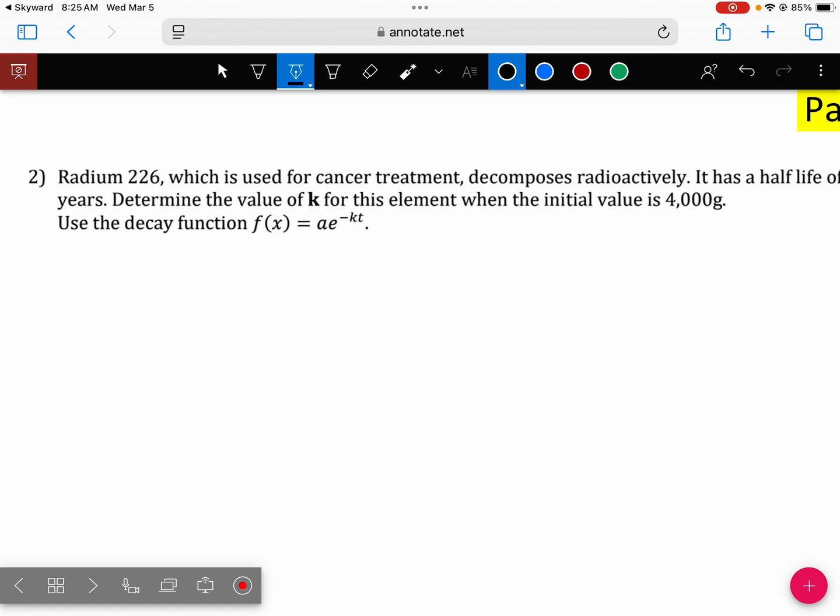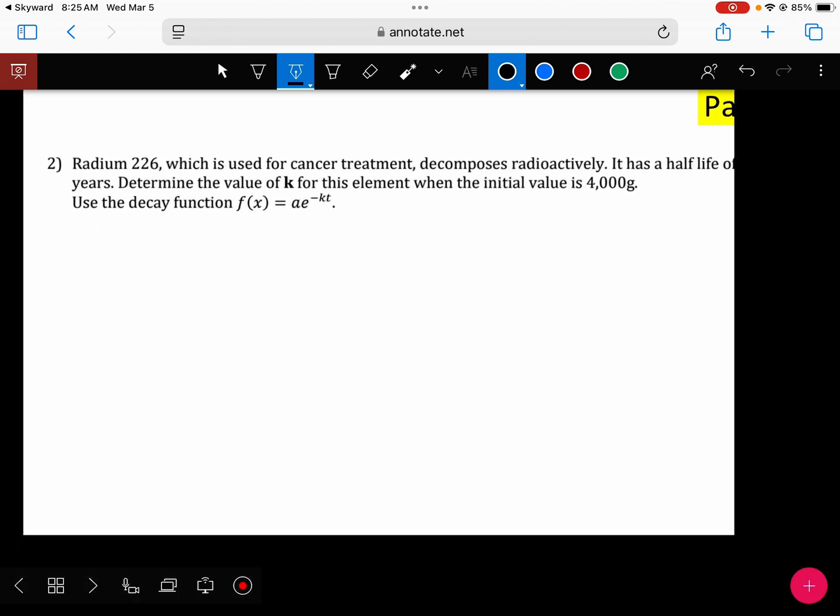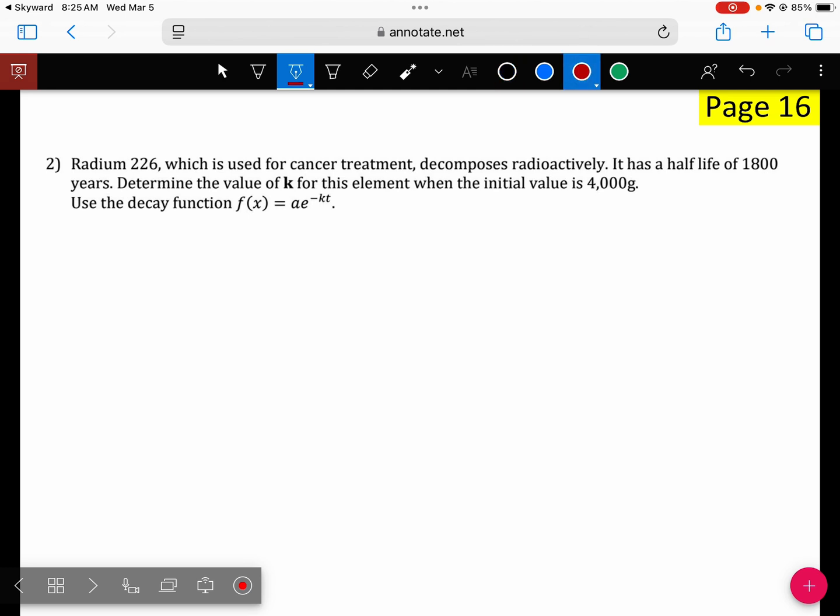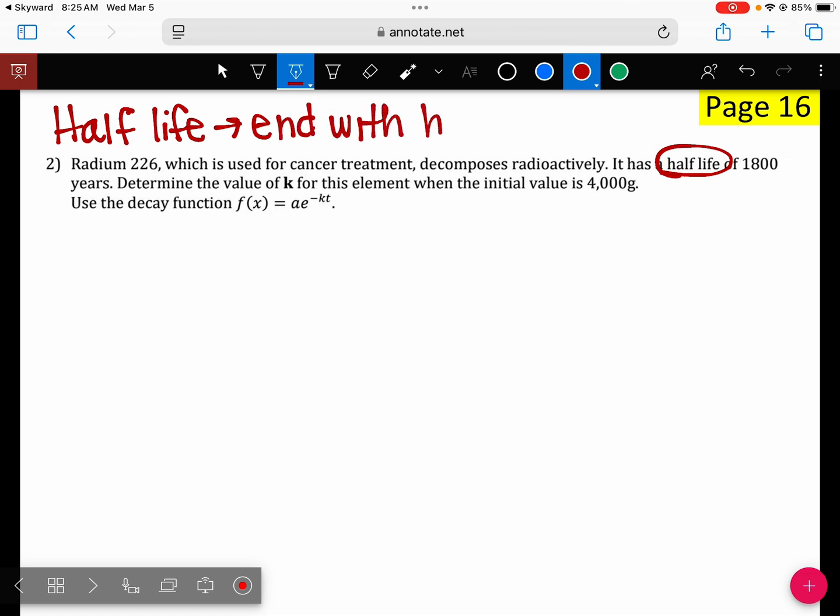It has a half-life of 1800. This is an important word here that we're going to talk about. Half-life, what does that mean? I don't know if you've studied this in biology. That means that you end with half of the start.